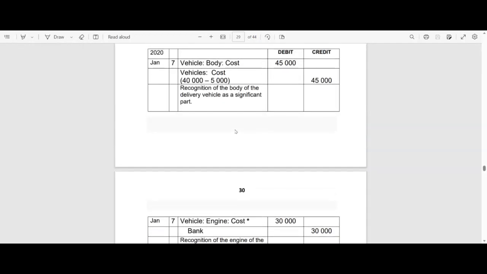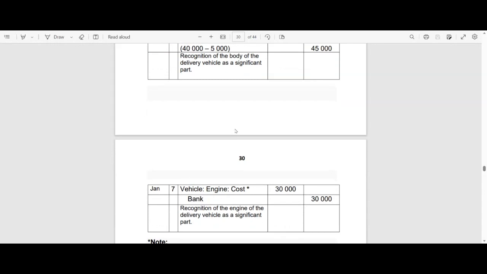Very often, when they de-recognize a significant part, and we're going to go through a very extensive and comprehensive example later on, when they de-recognize, let's say the engine, they suddenly call that account vehicle old engine cost.